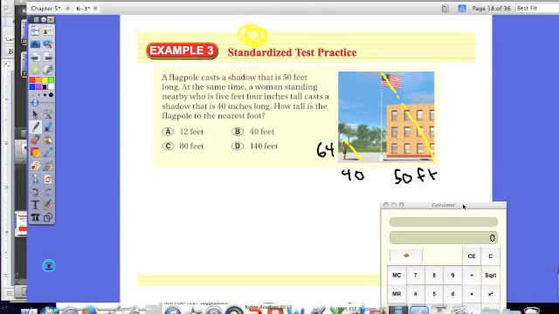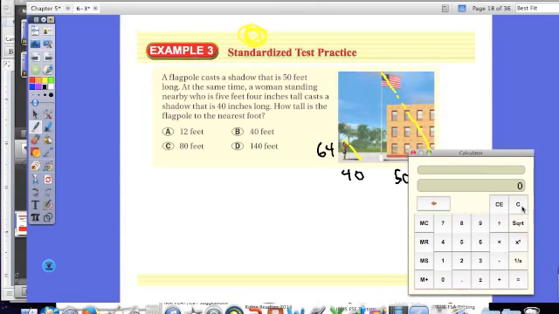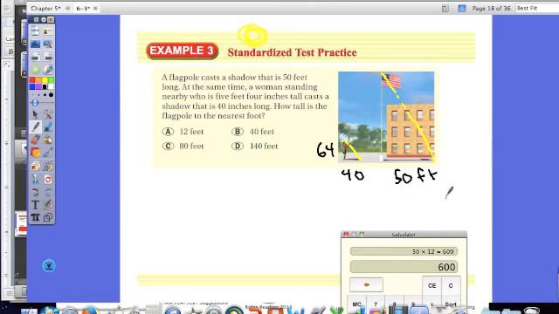So I want to convert this 50 feet to inches so that everything works. Actually, you know what? This is going to work without even converting it. So 64 inches over 40 inches, excuse me, is going to be equivalent to some number over 50 feet.